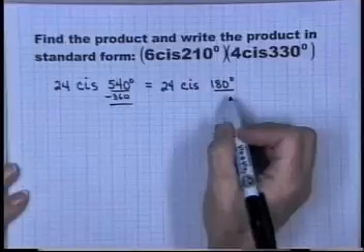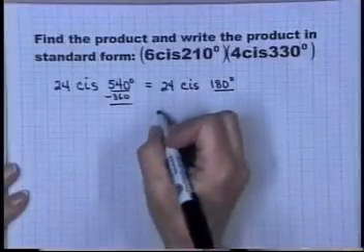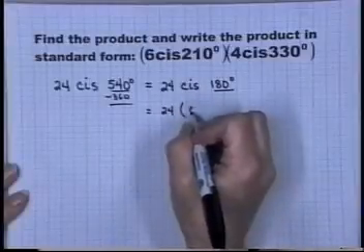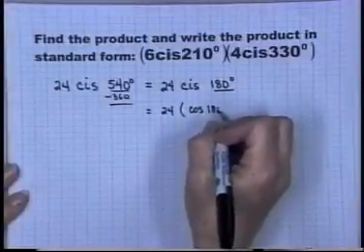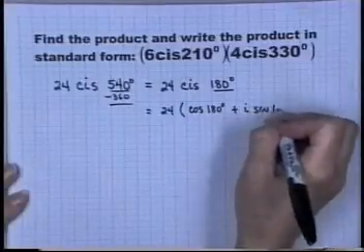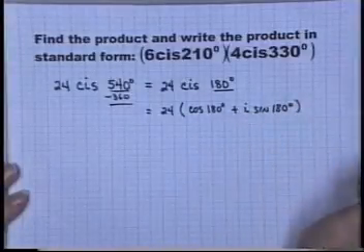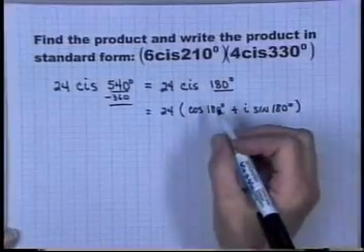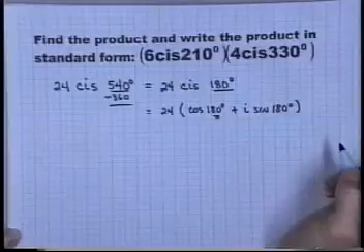Now, this turns out to be very simple. Think about what we have here. Let me remind you, this is saying 24 times the cosine of 180 degrees plus I times the sine of 180 degrees. Okay? Now, think about 180 degrees or pi.